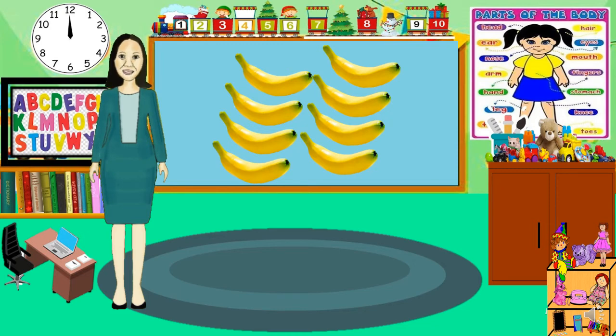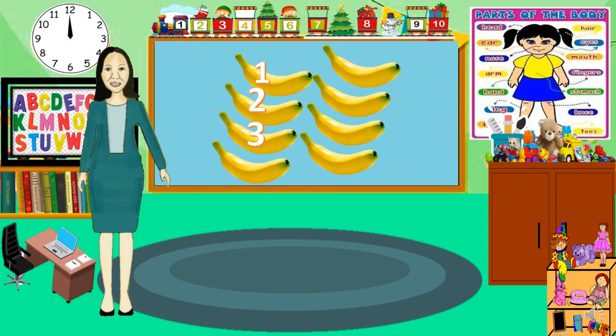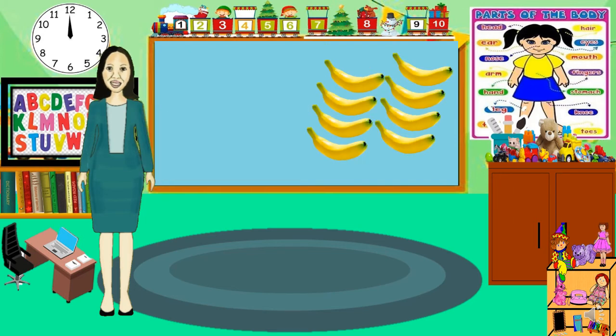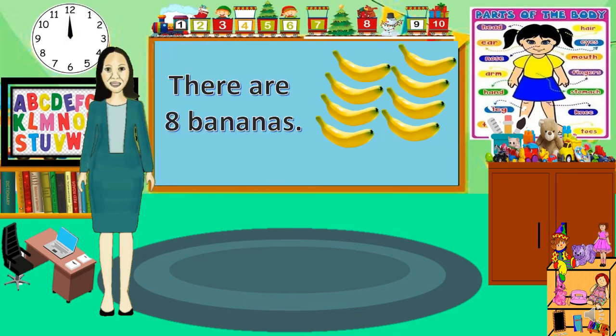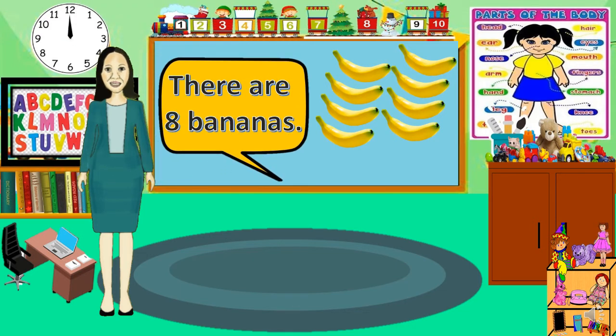Okay. 1, 2, 3, 4, 5, 6, 7, 8. How many bananas? What is your answer? Very good. If you answered there are 8 bananas, you are correct. Good job.